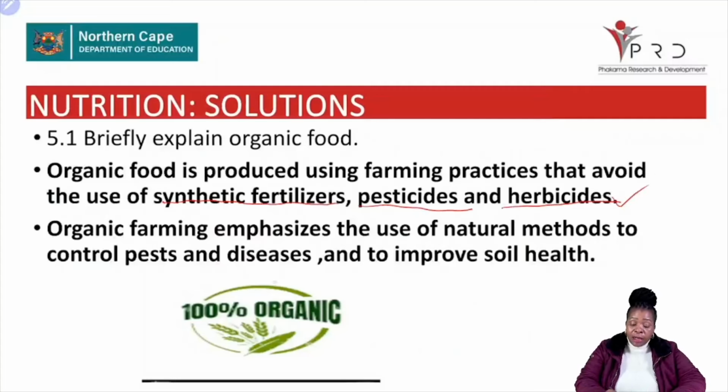And organic farming emphasizes the use of natural methods to control pests and diseases and to improve the soil health. So I'm sure we understand, learners, that organic farming avoids the use of synthetic fertilizers, pesticides, and herbicides. Why? Because these can actually harm the environment, or they are not environmentally friendly.